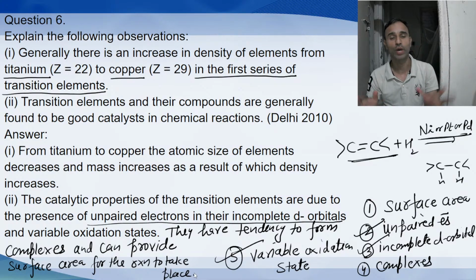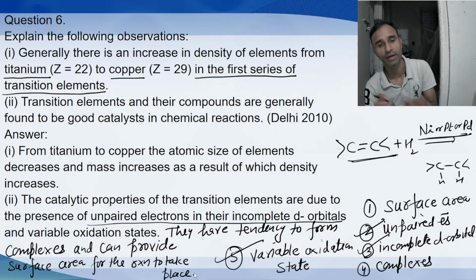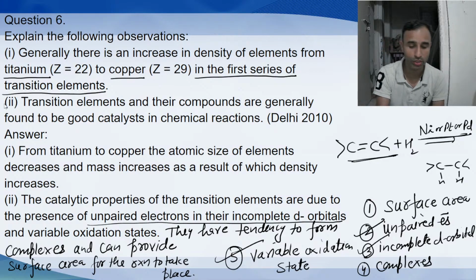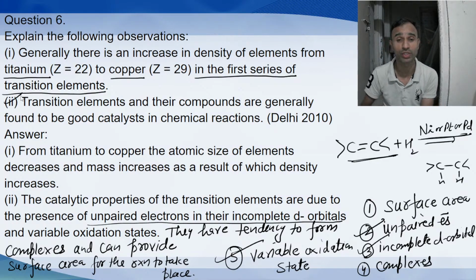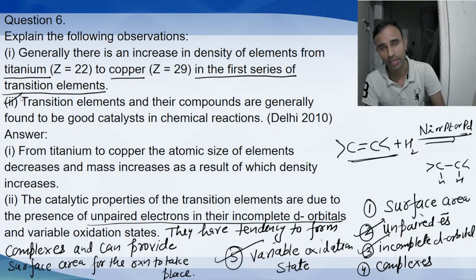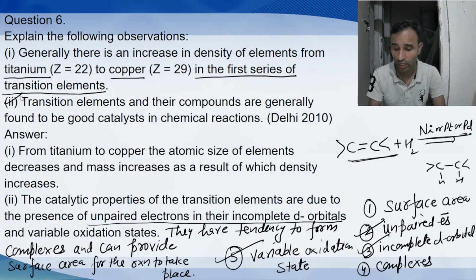These are the points that could be written while answering this very common question: why are transition elements and their compounds generally found to be good catalysts in chemical reactions? You can write because they have unpaired electrons, they have incomplete d orbitals, they can form complexes, they have variable oxidation states, and they can provide surface area for the reaction to take place.